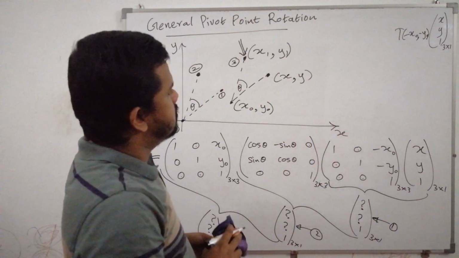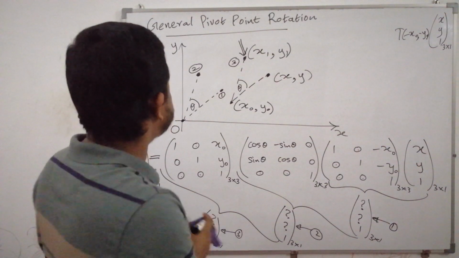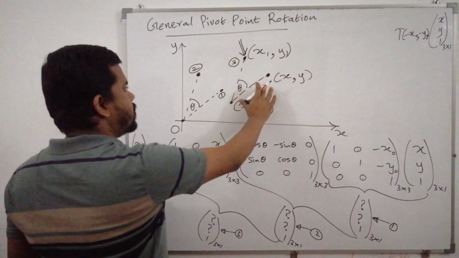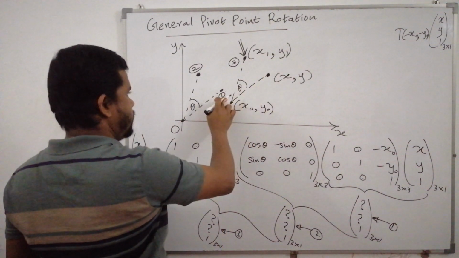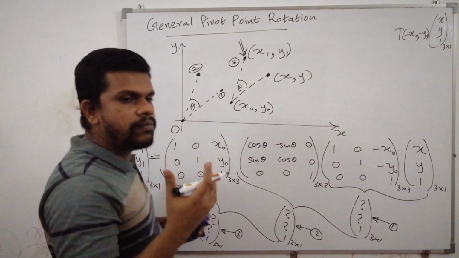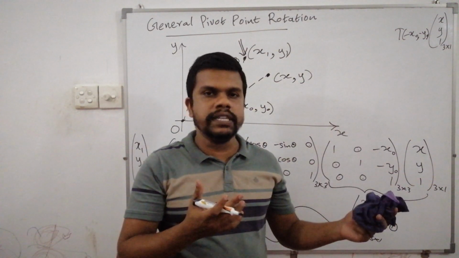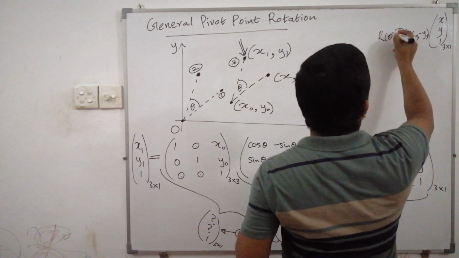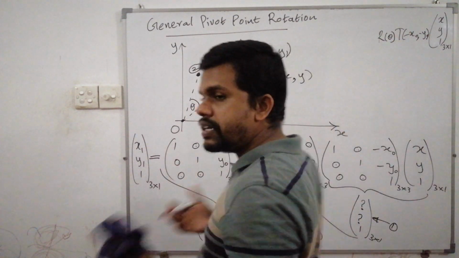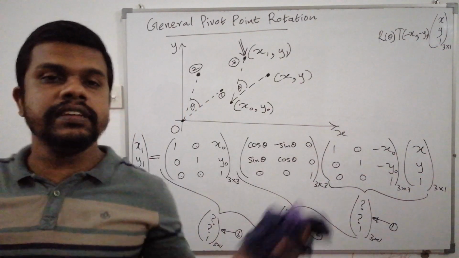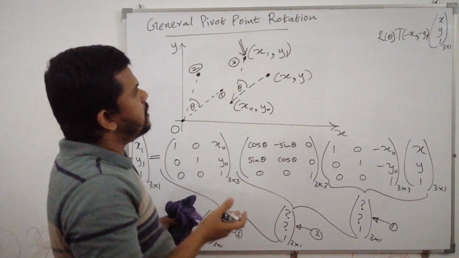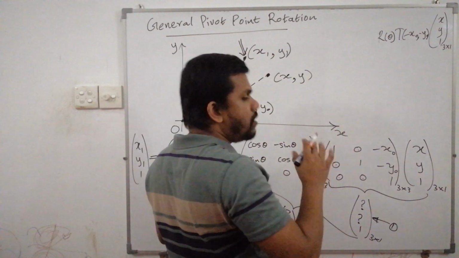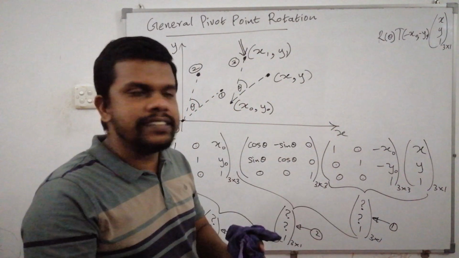We first translated the point to here. Now it is a problem of rotating around the origin. Therefore, we simply used R of theta, the rotation matrix that we derived earlier. Again, we have to reverse the translation.